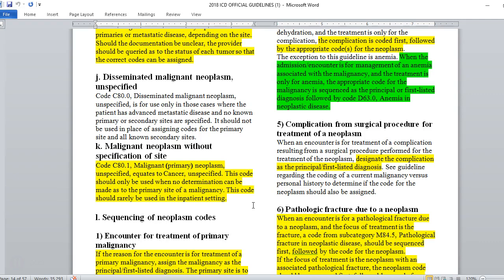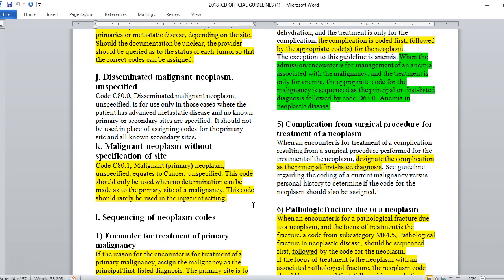So C80.0 is only going to be used in very specific circumstances. C80.0 is mainly going to be used in the emergency room and hospital setting when someone shows up without having a diagnosis of cancer, and when we test them, we find that they have cancer all through their body.